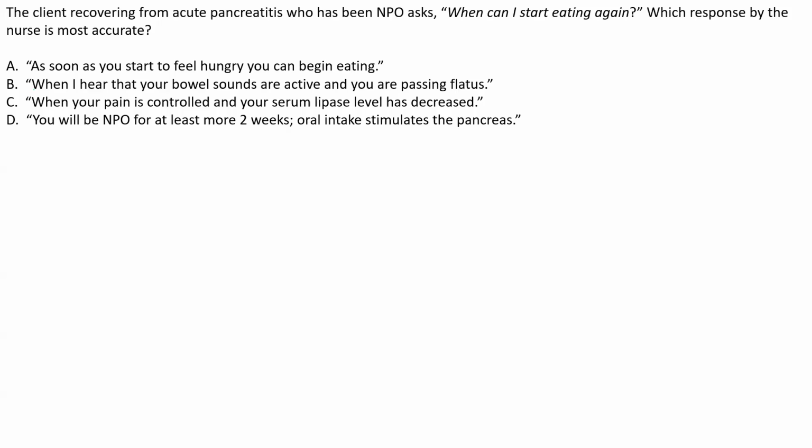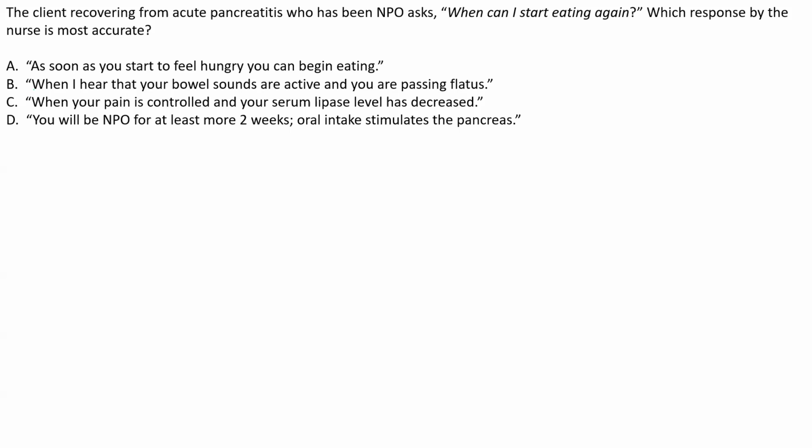That's for B. Now, C, once pain is controlled and the serum enzyme level begins to decrease, then the client can begin oral intake, because these are signs that the pancreas has started to heal.